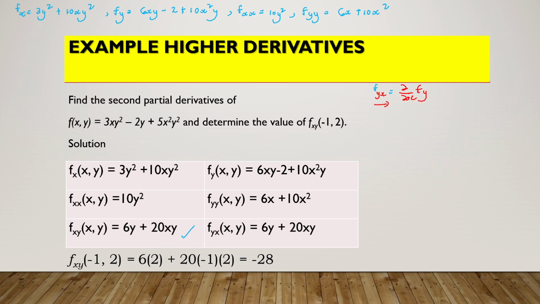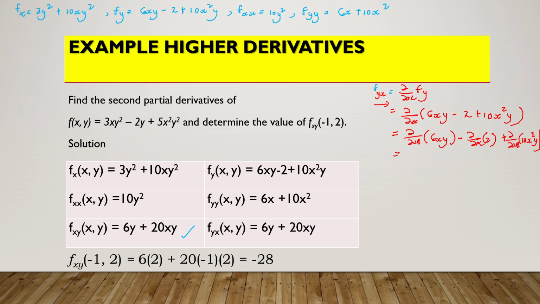It's from here, already fy, later on differentiate with respect to x. So it's ∂/∂x of fy, which is 6xy minus 2 plus 10x squared y. So you differentiate with respect to x term by term.